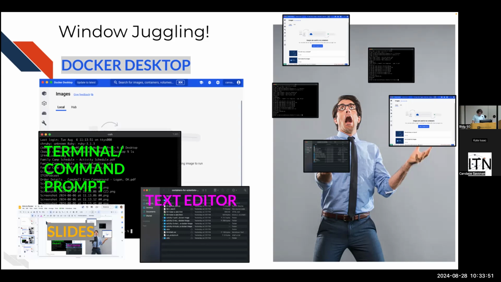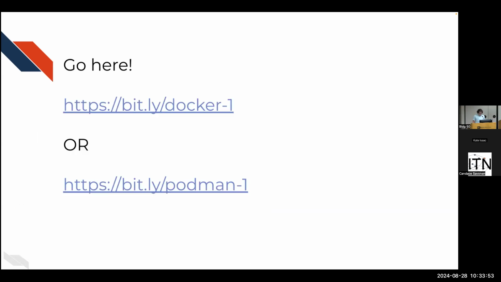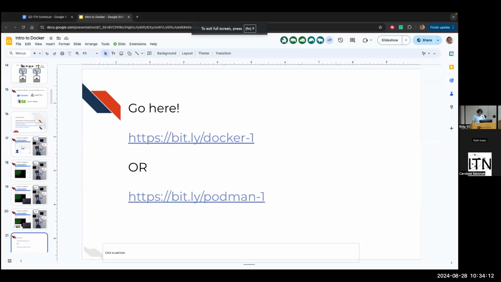So that part is a little bit eliminated, but just so you know. Okay, so here's where the instructions are. If you have Docker, go to the first one. That's bit.ly Docker1. Or if you're using Podman, I need you to go to the Podman instructions over there. So I'm going to exit out of presentation mode, and I'm going to be doing this with you.